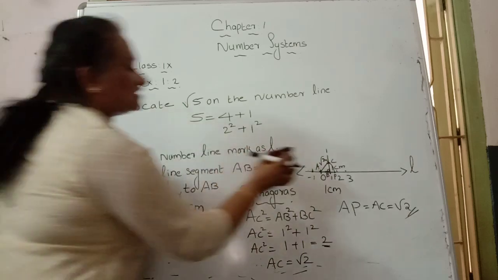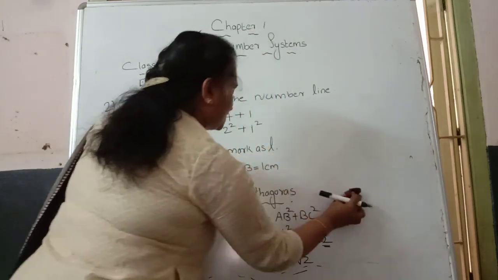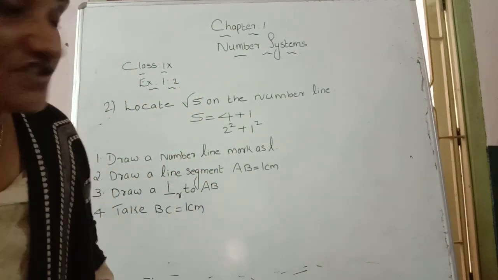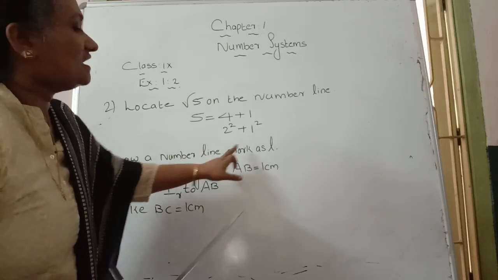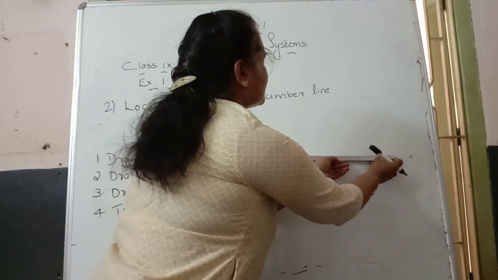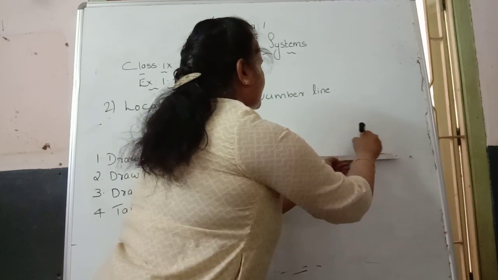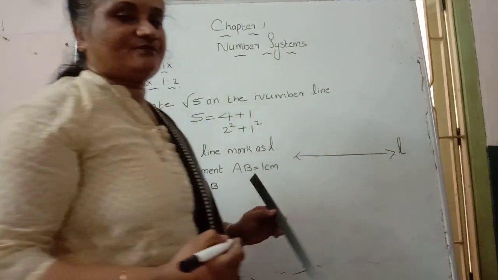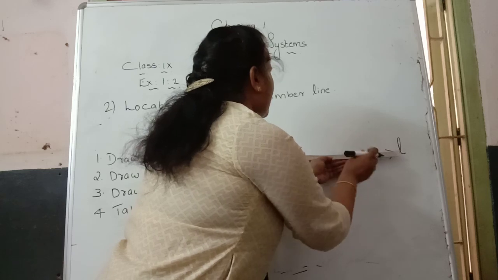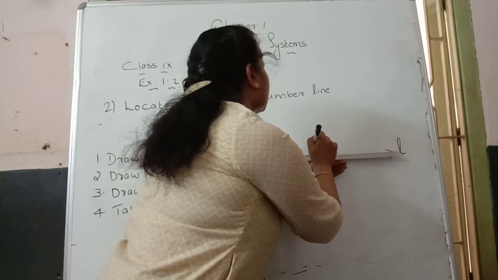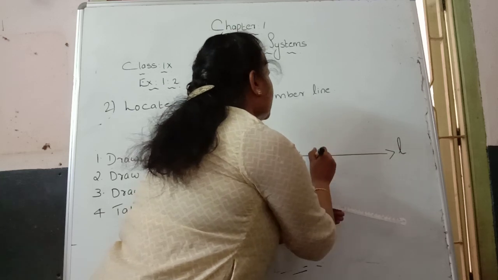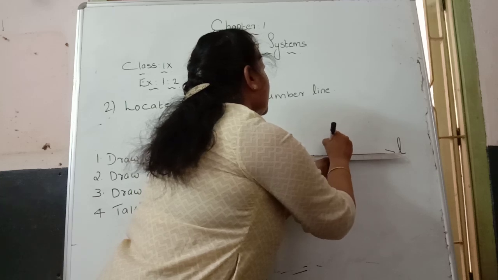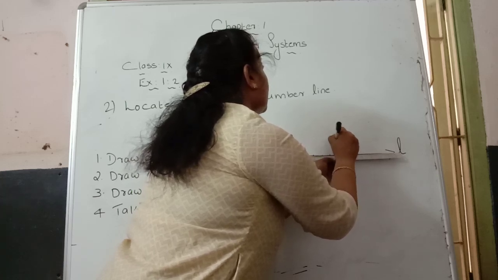So what is the first step? The first step is to draw a number line and mark it as L. Number line means arrows on both sides and the letter L. Then mark O, the letter O, as 0 there, and take 1 centimeter each: here one, next one, next one, like this.